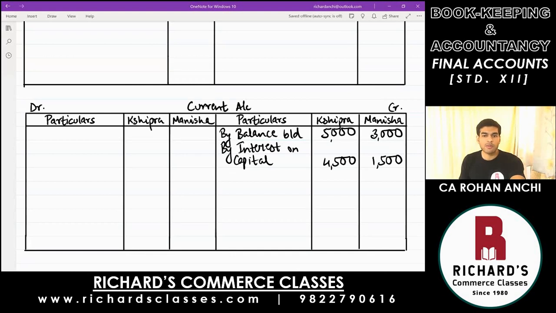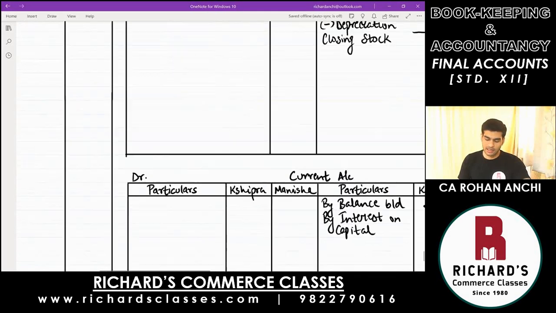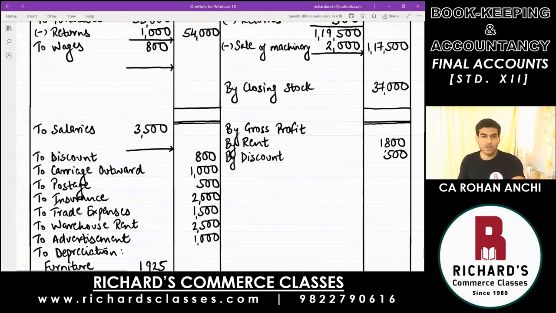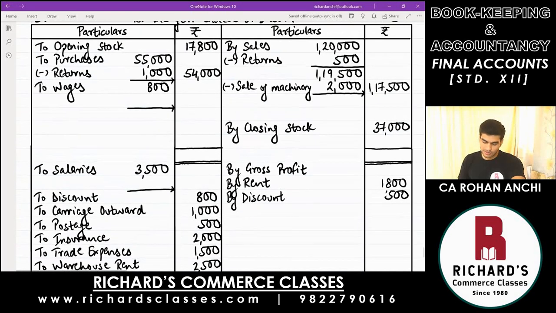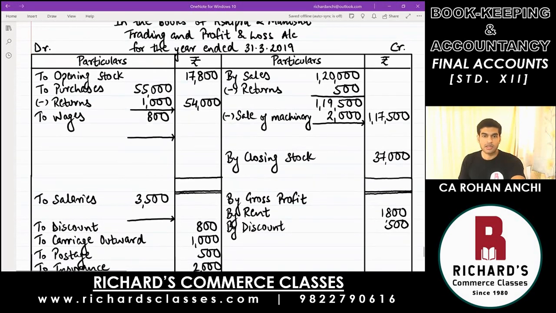Let's move on to point number 5, which is the regular adjustment of outstanding expenses. The 2 expenses here are wages and salaries. Firstly, for wages, which is in trading account, write down, add outstanding. Wages outstanding is 200.